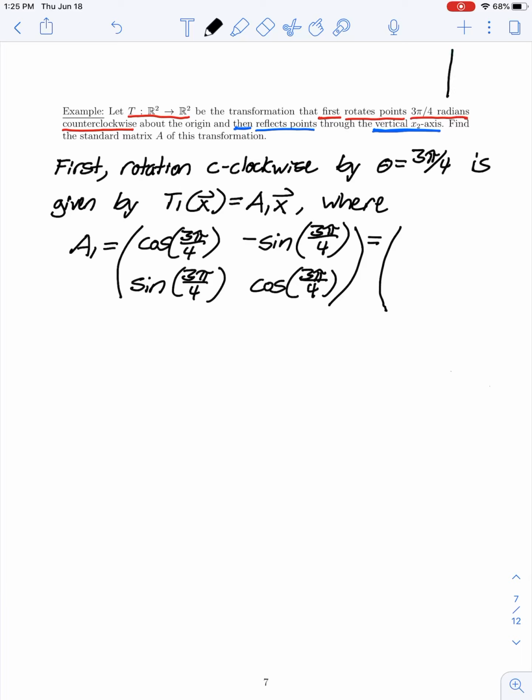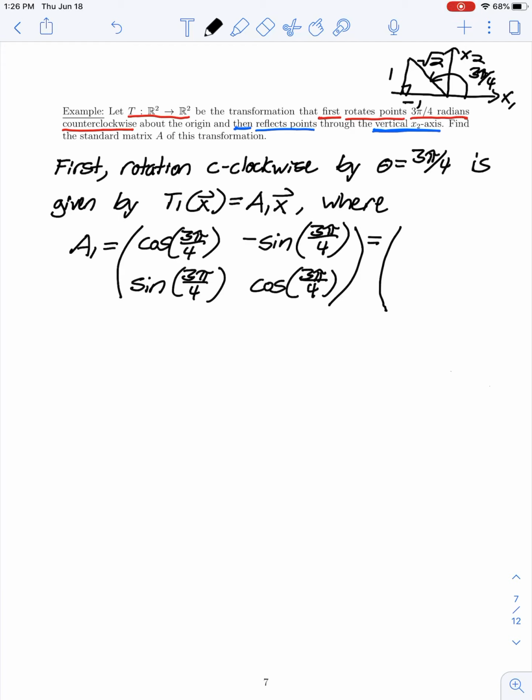So let's see what we have for that matrix. To find these trig values, you can either have the unit circle memorized, or if you want, you can sketch the reference triangle in the x1, x2 plane. By rotating an angle of 3 pi over 4 radians counterclockwise, we construct a right triangle whose adjacent edges have lengths 1 and 1 and hypotenuse root 2, and since we're in quadrant 2, our x component is negative.